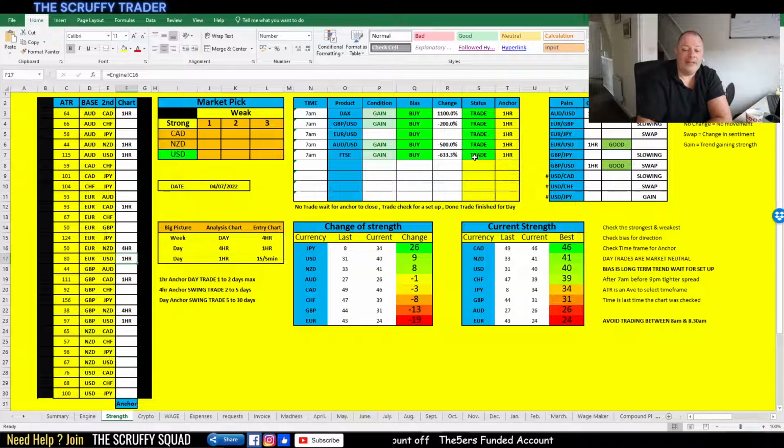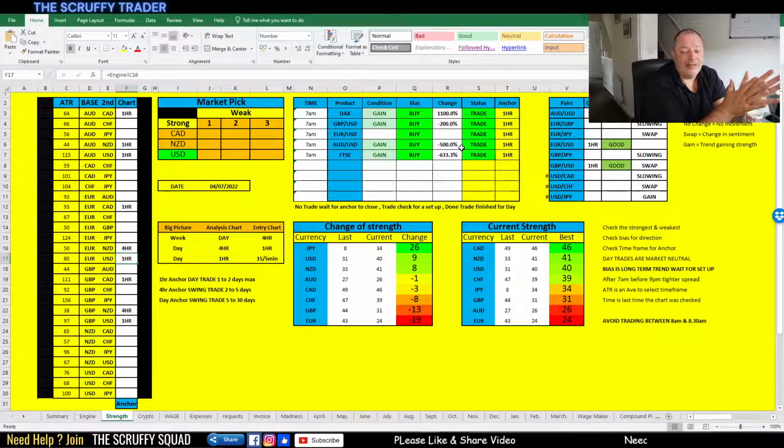Now, if it said no trade here, it just means don't even bother looking at it. There's no point. If it said done, it means that's been traded and finished for the day. And if it says it's in trade, it means I've pressed the button and it's ready to go. So that's how this all works. I hope that kind of makes sense.